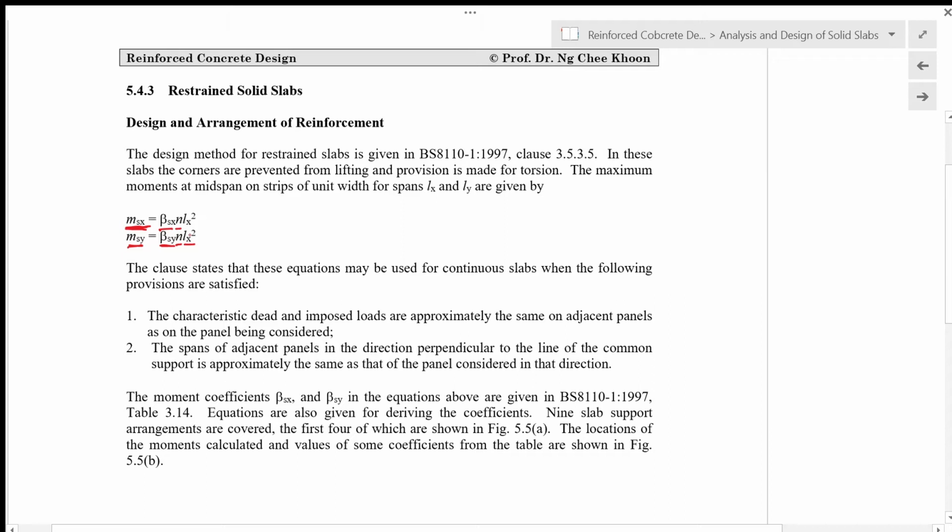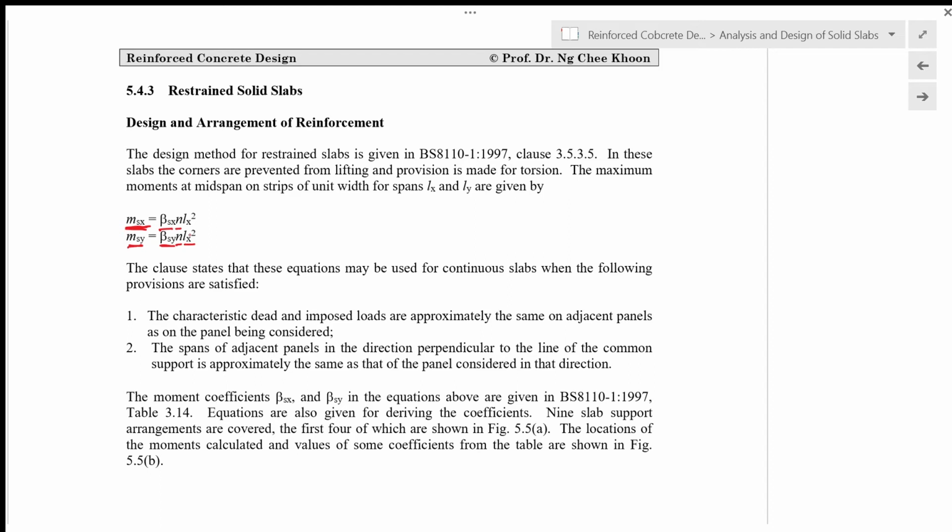So n is the ultimate design load per unit area, and lx is the shorter span dimension. And beta sx and beta sy are the moment coefficients from Table 3.14 given in BS 8110 Part 1, 1997.